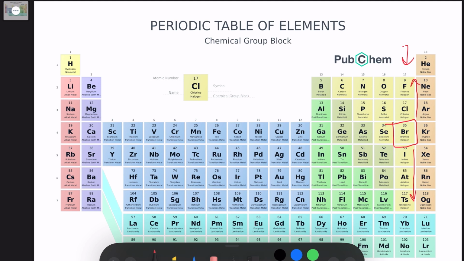So halogens. We're looking for halogens: iodine, chlorine, fluorine, astatine, and tennessine. You don't really use those elements very often, so it's kind of hard to see what they are. But those are the elements that are going to have similar properties.